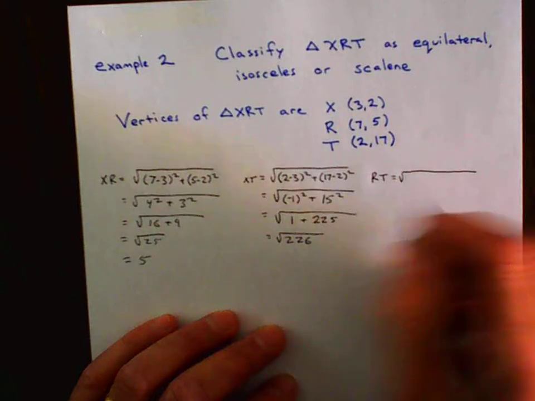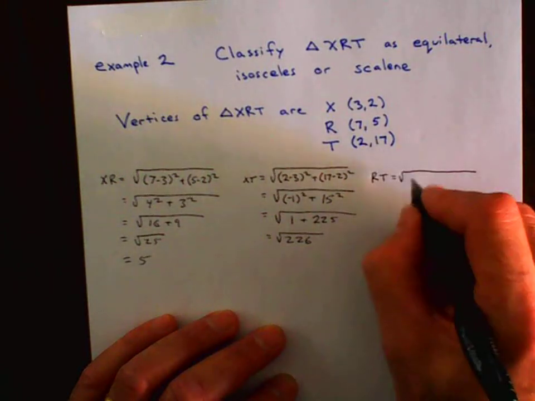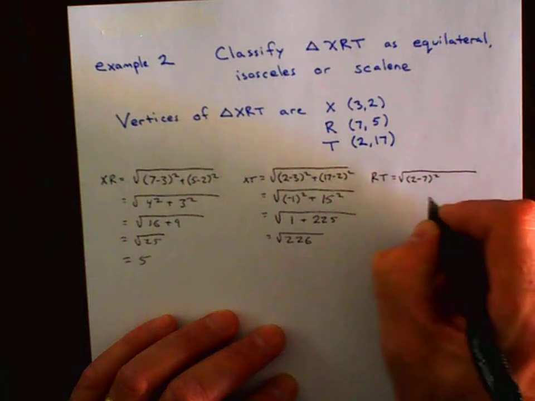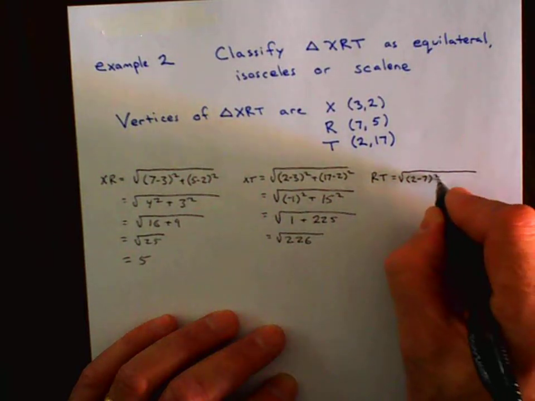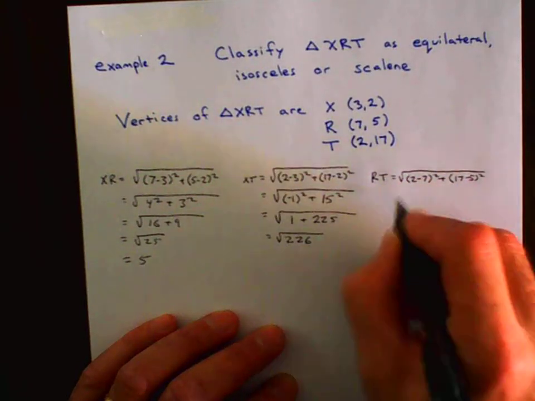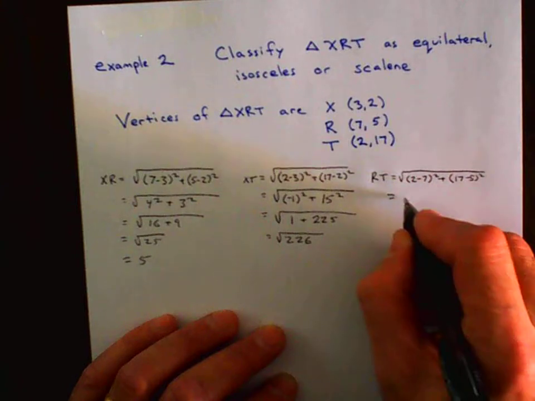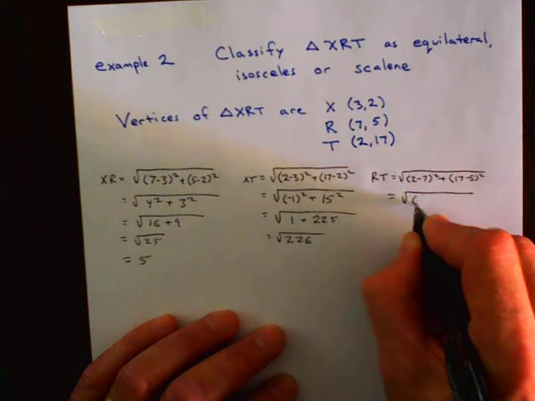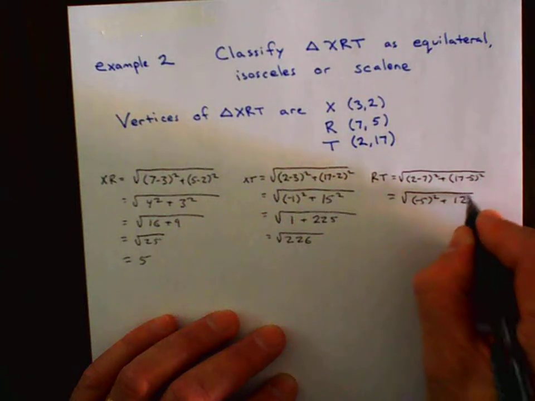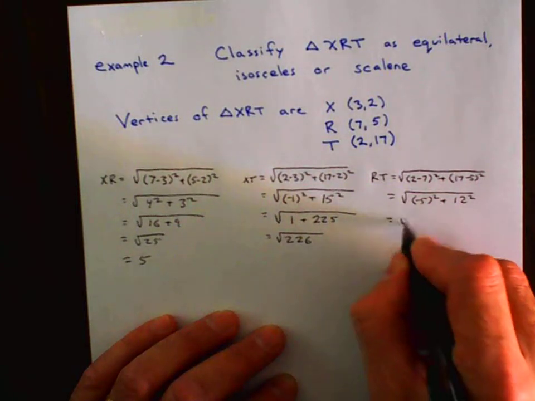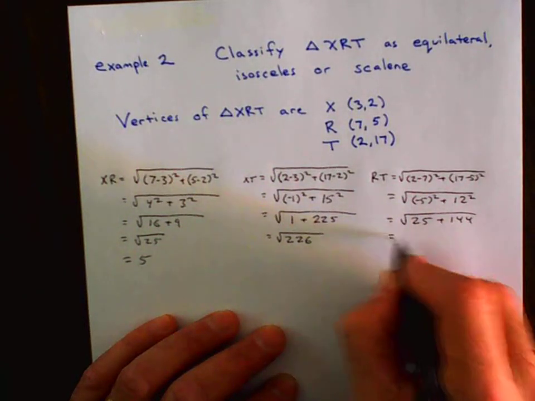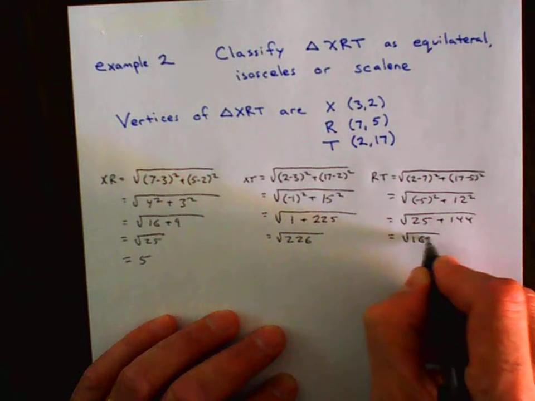So I have RT. The length of segment RT would be (2 minus 7) squared plus (17 minus 5) squared. So that equals 2 minus 7 is a negative 5 squared plus 17 minus 5 is 12 squared. Simplify that, I get 25 plus 144, which is equal to the square root of 169.